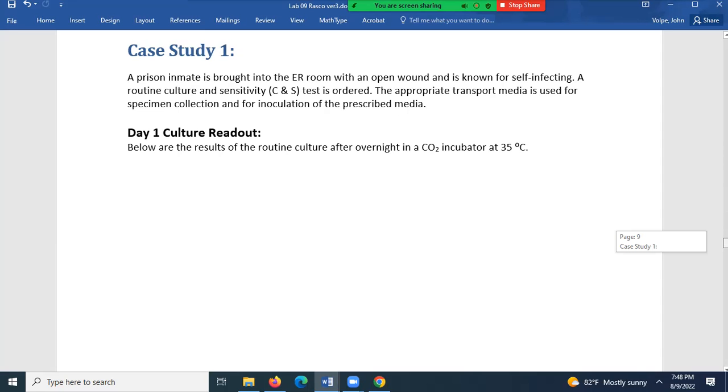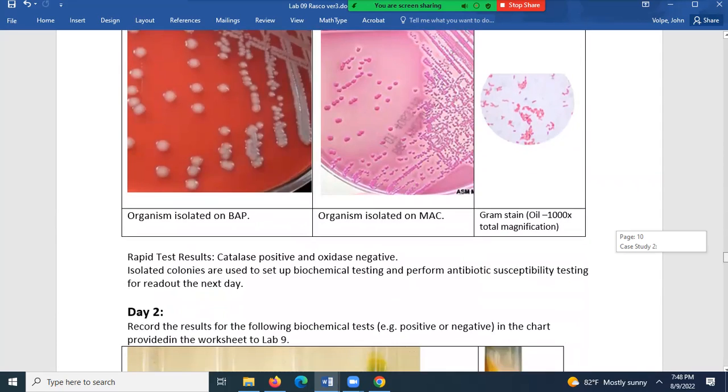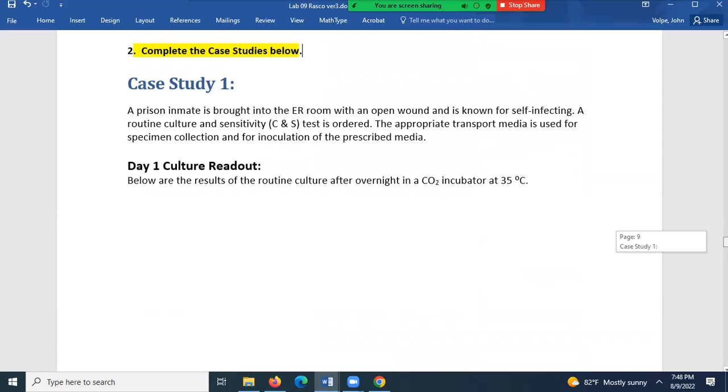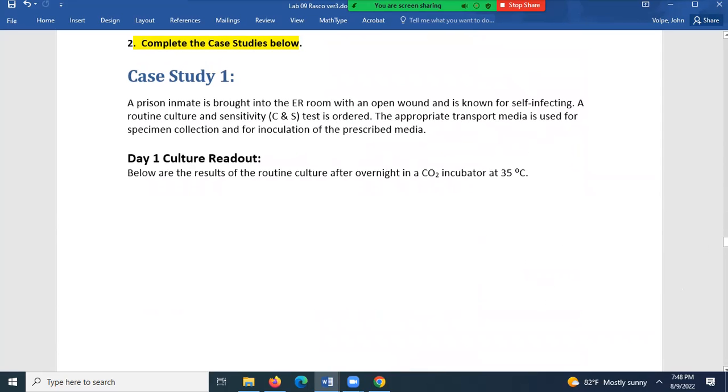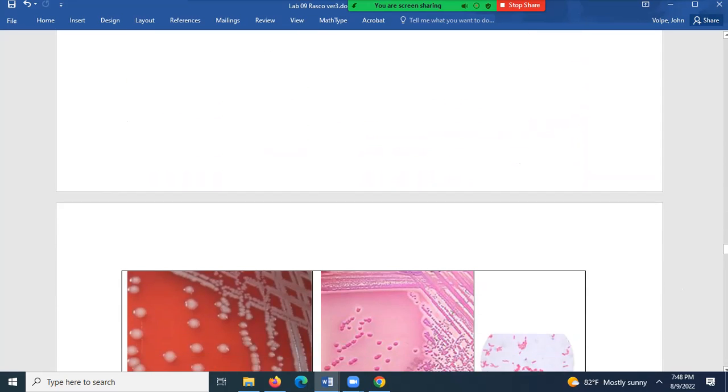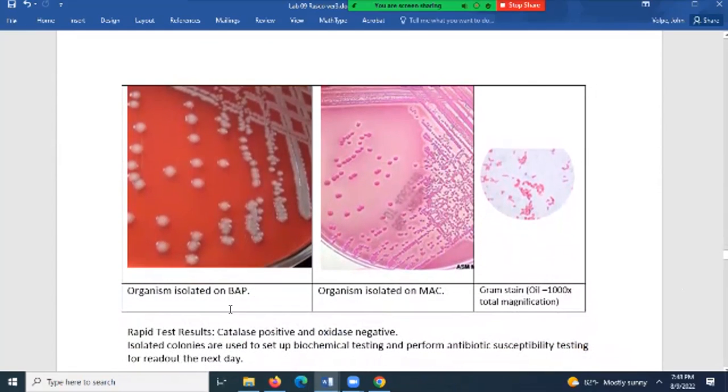Case study 1. We have some information about the patient here. Read it. And then we did the following tests. We grew the bacteria on a blood agar plate, and you can tell the hemolytic pattern here.